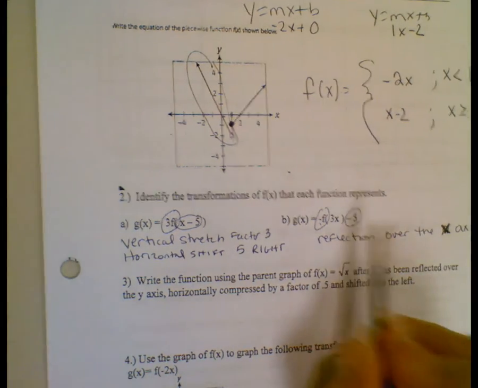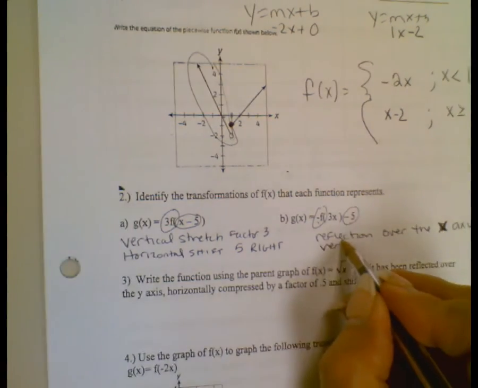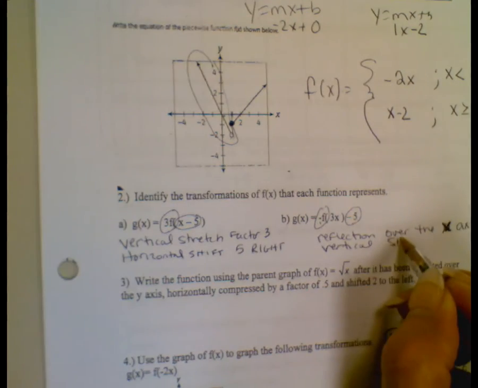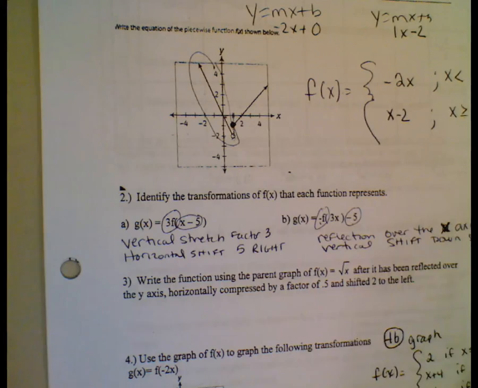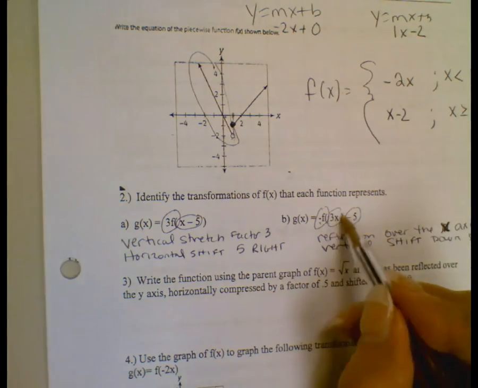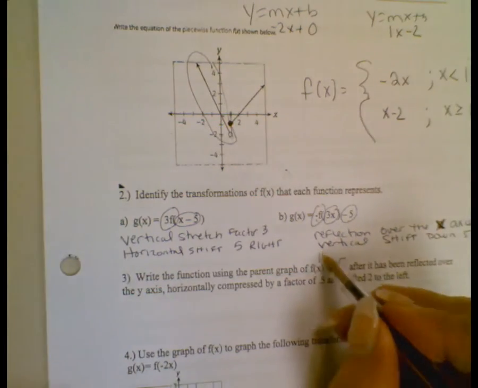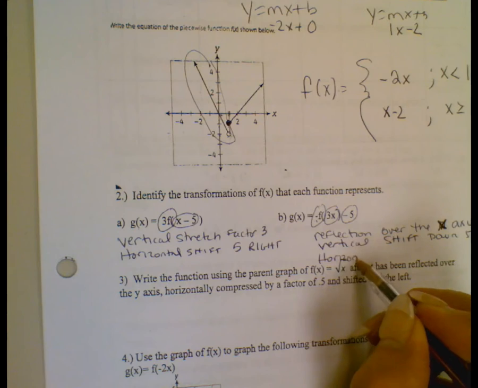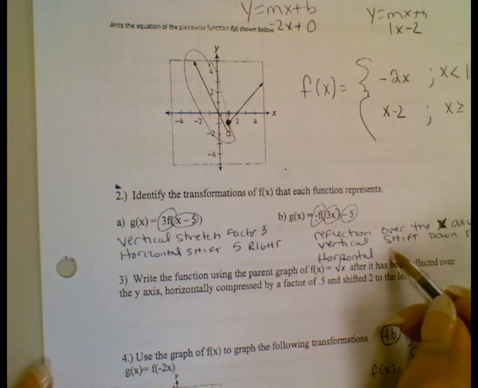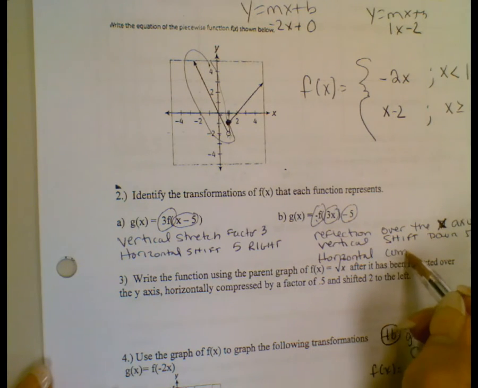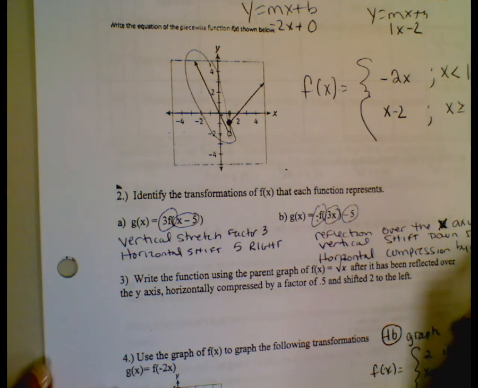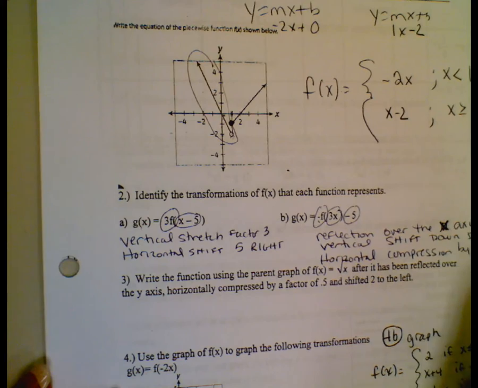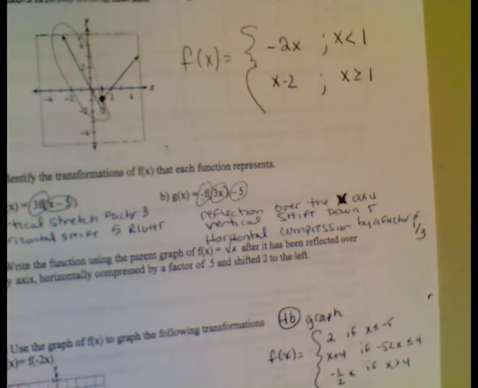Then this 5 is on the outside, so you're going to say vertical shift down 5. Now the 3 is on the inside, so that's horizontal. But anything on the inside, you do the opposite. So you're going to say horizontal compression by a factor of 1/3.